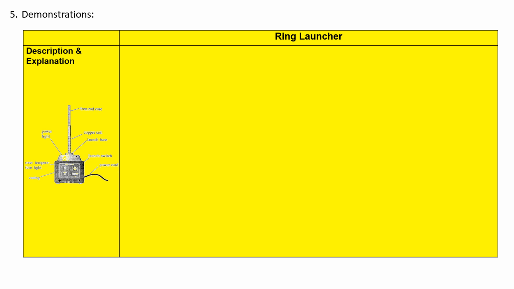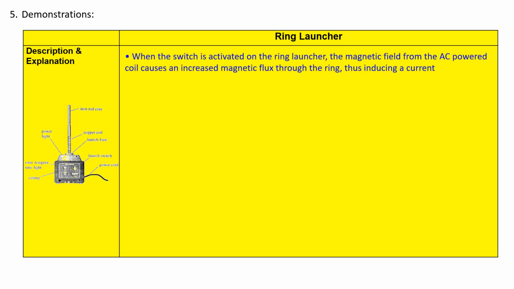So let's try to explain the launching of the ring in this demonstration. You see here we have a ring which is sitting on this electromagnet, on this coil of wire. It starts out with no magnetic field in the interior, but when we activate the switch on the ring launcher, all of a sudden we have this intense magnetic field in the interior of our ring.